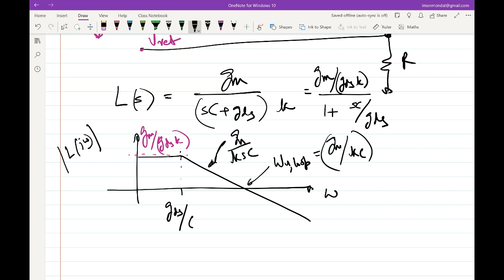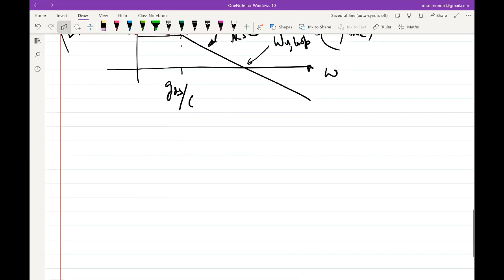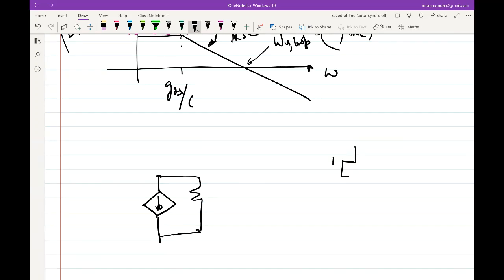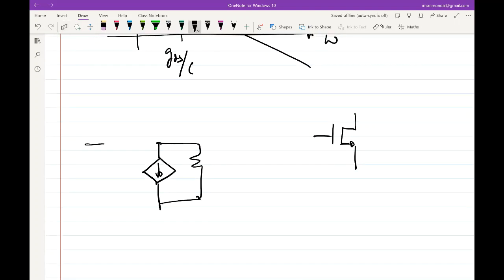Okay, so if I have to make GM by GDS high, what I mean is, this was the model of our transistor, right? So our transistor was modeled like this. And this is only the incremental model. I'm not showing the bias.